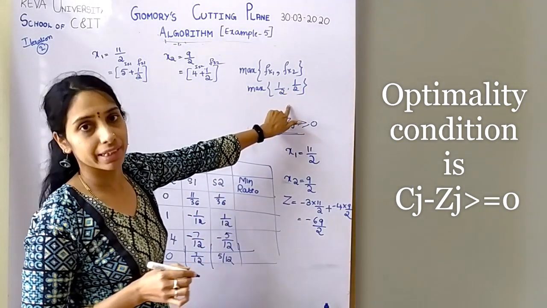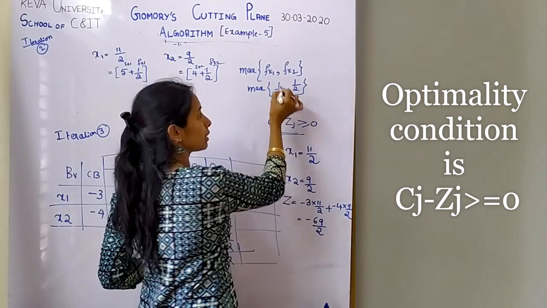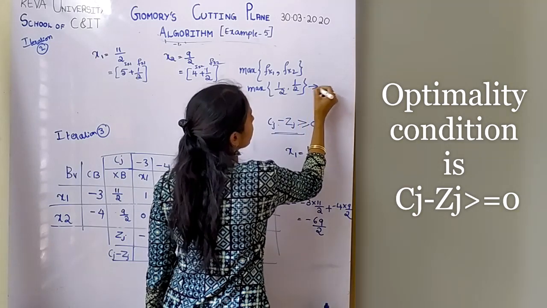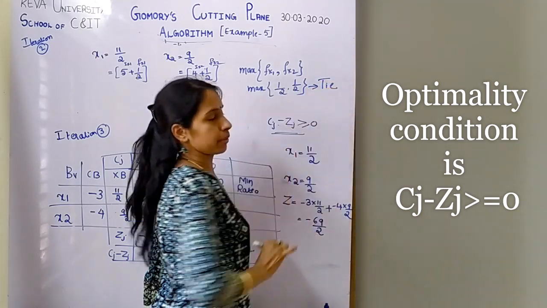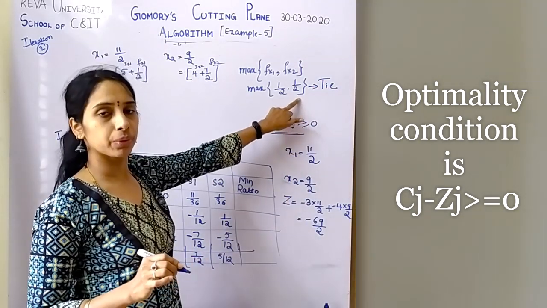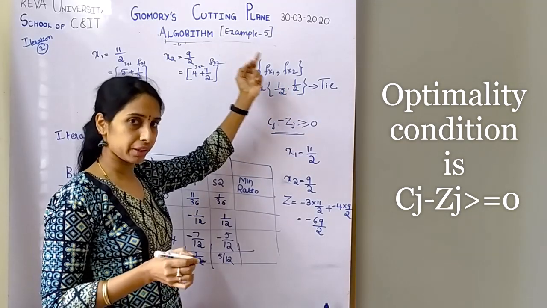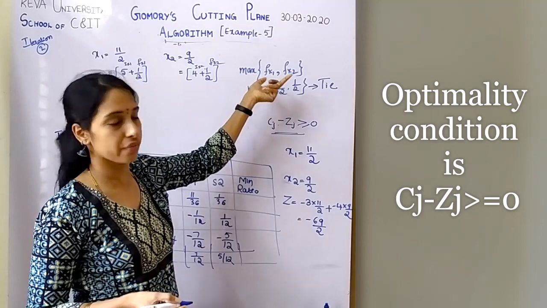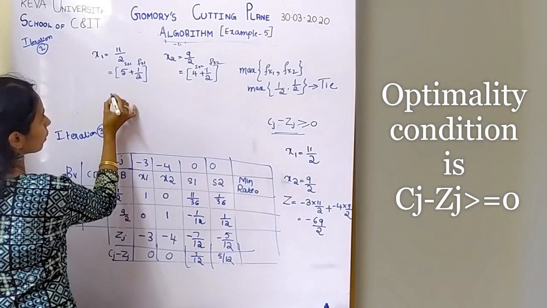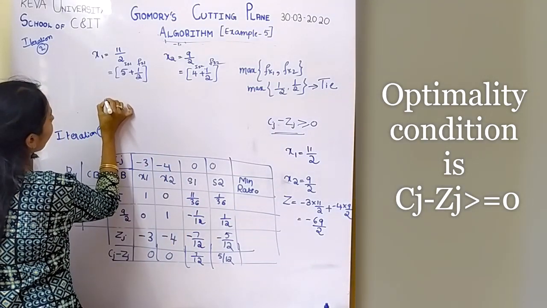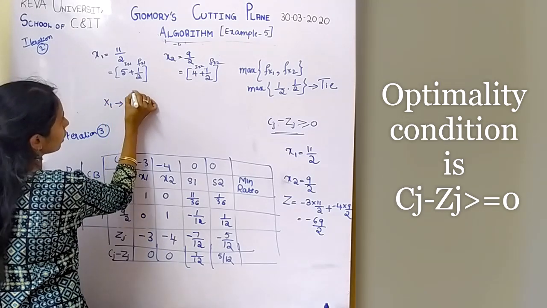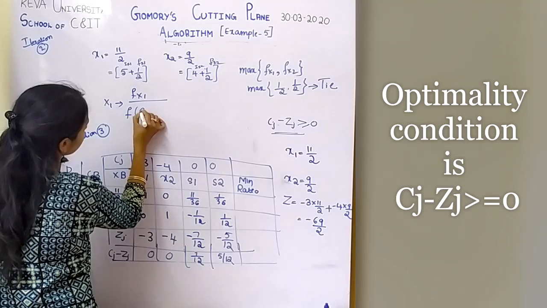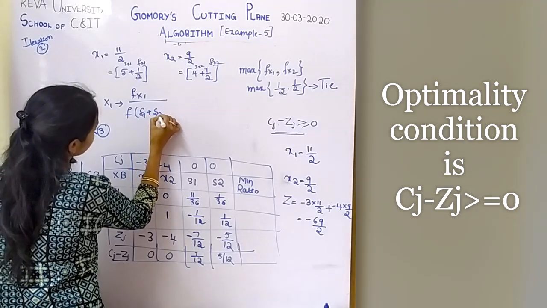Since both the fractional part of x1 and fractional part of x2 are the same, there is a tie here. In this case, we have to again find out, it's like differentiation, second order differentiation. So how will you find out? For x1, it is f of x1 divided by fractional part of s1 plus s2.